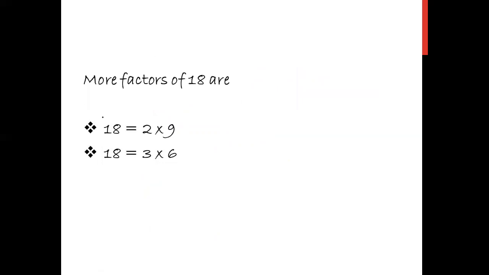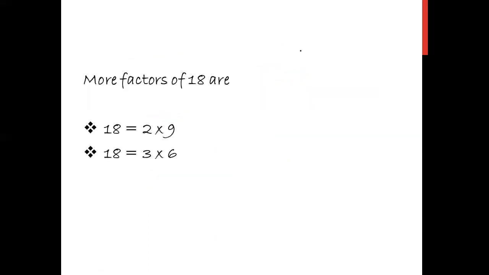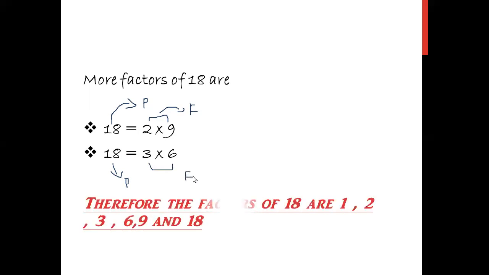Over here, we know we can represent product with P and factors with F. So let's find the factors here. 18 is a product. 2 and 9 are factors, so we can just write F. And the same goes here. 18 is the product of the factors 3 and 6, so these are factors.